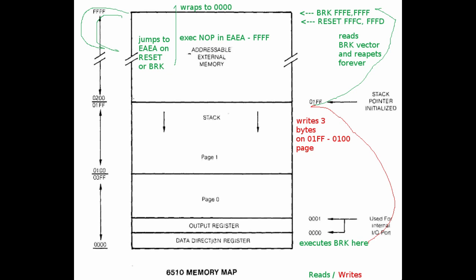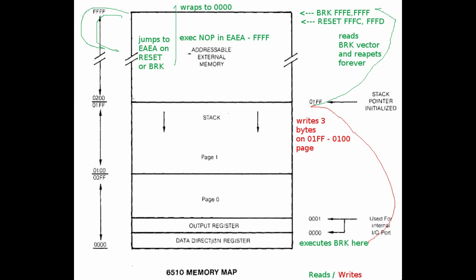And what happens is it does the 3 writes on the stack area that we have seen on the data sheet. So first of all, it turns the data bus to write. So if we haven't put resistors in series on the data lines, it will destroy itself instantly because it will try to drive the power rails and it fails.